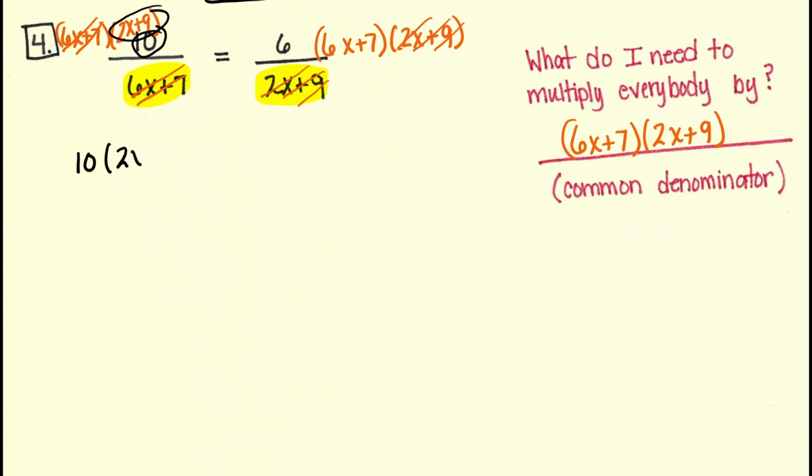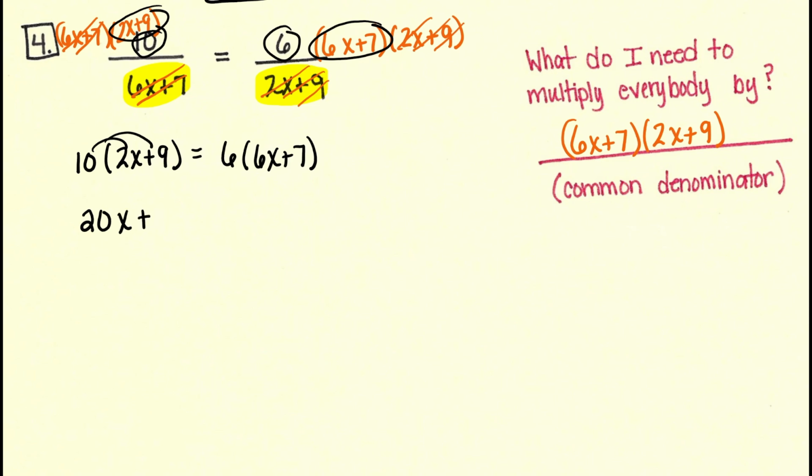Over here, I'm left with a 6 and a 6x plus 7. Distribute your 10 through to get 20x plus 90. Distribute your 6 to get 36x plus 42.